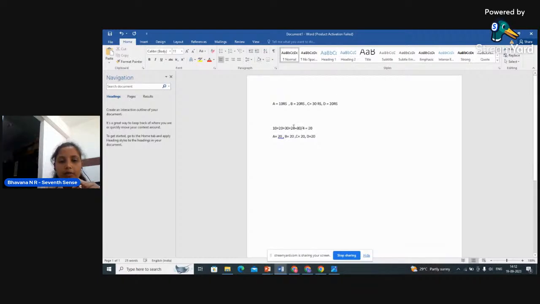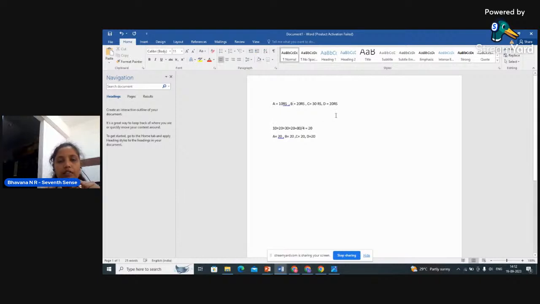So this is the sum. Average means the sum of all divided by the number of observations. What is the observation? Here A is 1 and B is 2.